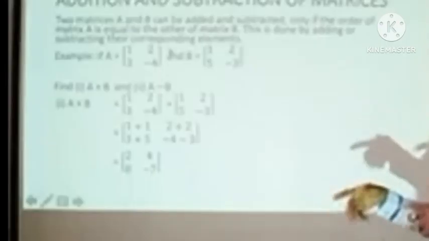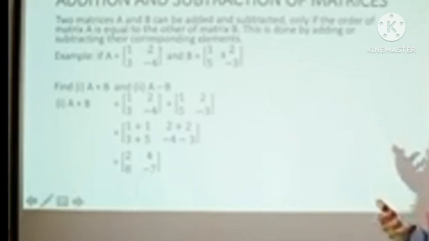What I'm saying here is that the order of metric A must be equal to the order of metric B. Meaning, if metric A has 2 rows, metric B should also have 2 rows. If it has 2 columns, metric B likewise must have 2 columns. With this, you can perform addition or subtraction of metric A and B.